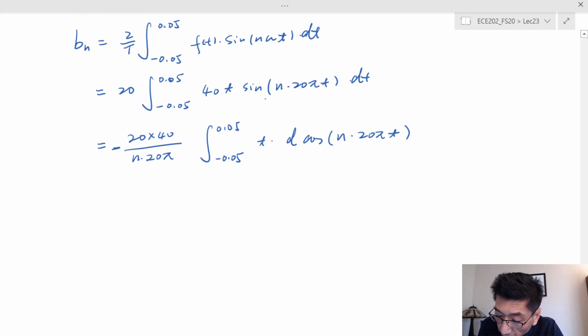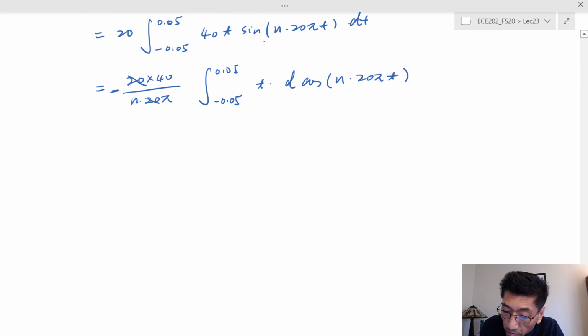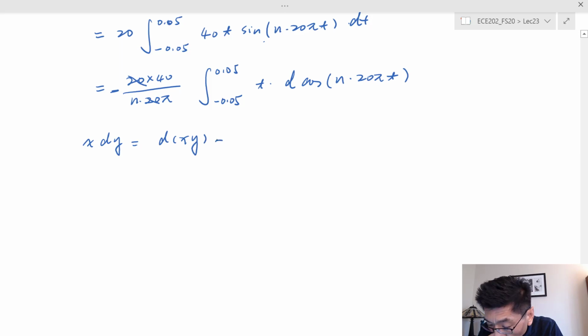And based on that, so let's see, this 20 may be canceled, so we're not going to carry this. And based on the chain rule, we have x dy is equal to d(xy) minus y dx, right?